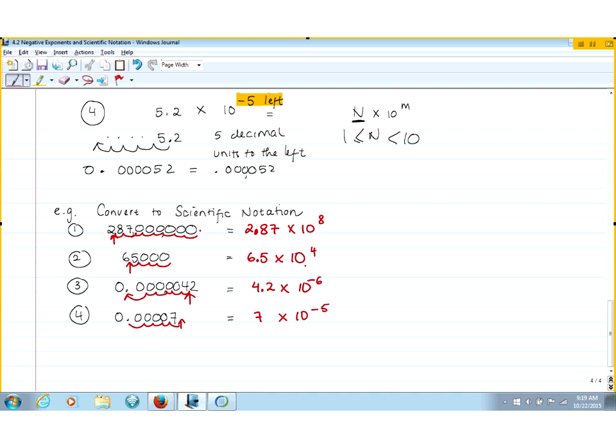Doable? Continue. Now, we will multiply and then simplify, or divide and then simplify. Sometimes you need to simplify. So part C, multiplying and dividing using scientific notation.